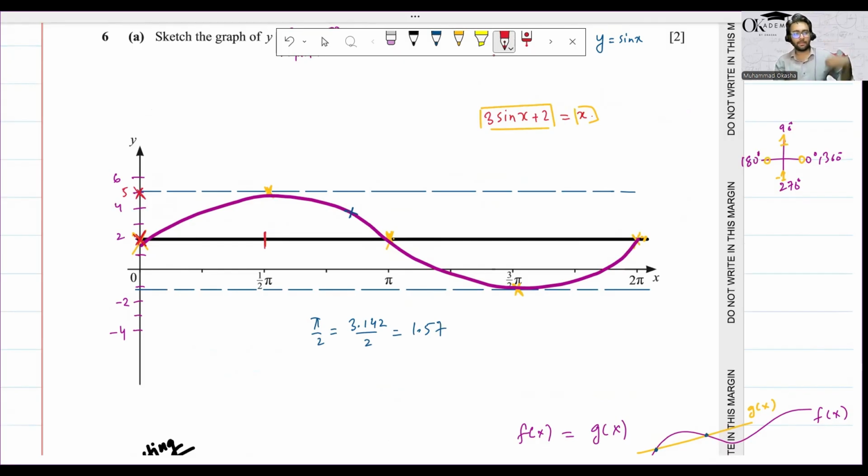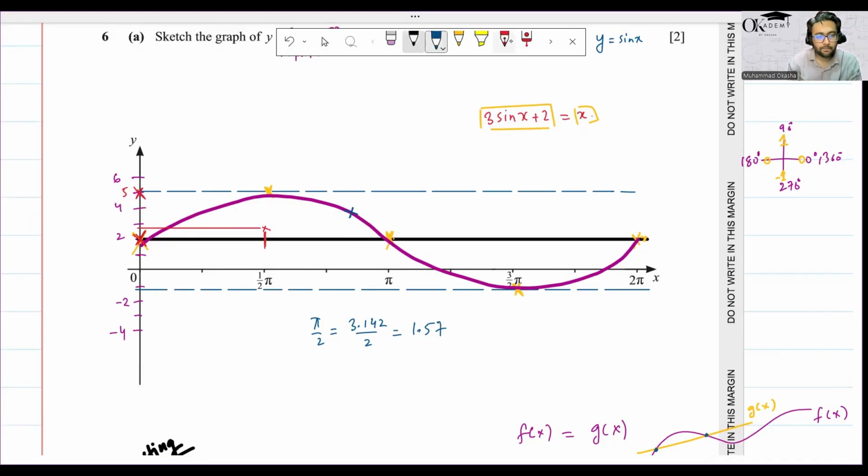You can take any point you want. For example, I'll take this point at pi by 2, about 1.5, and I'll run a line through it.